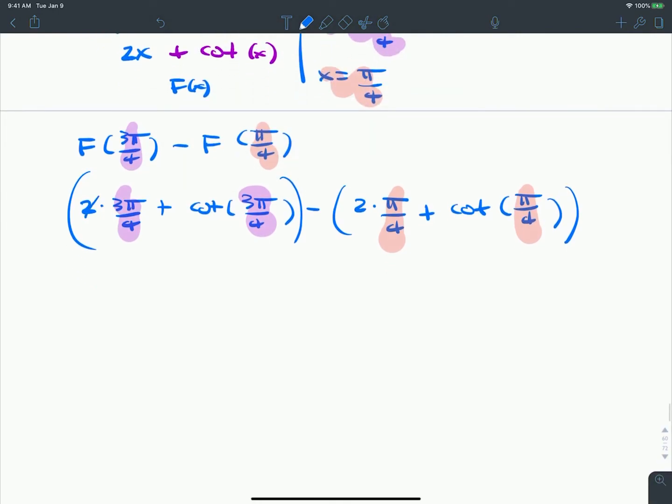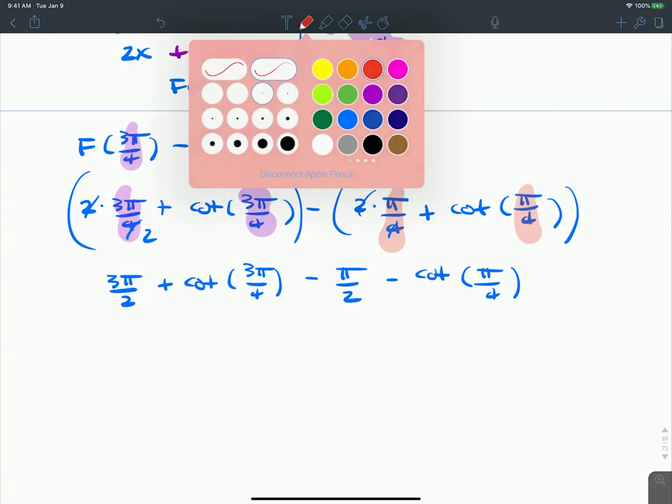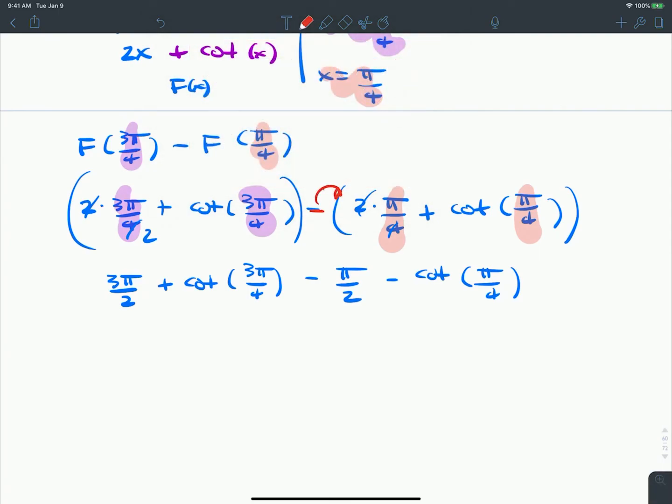Let's notice at 2 and 4, we end up with 3 pi over 2 plus cotangent 3 pi over 4 minus pi over 2, and let's distribute, minus cotangent of pi over 4. We're going to distribute this negative sign.